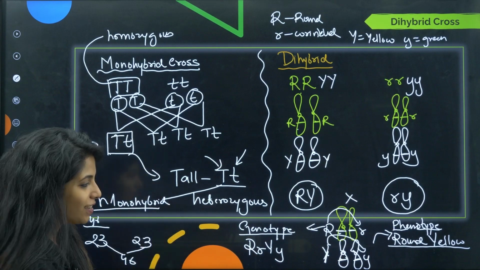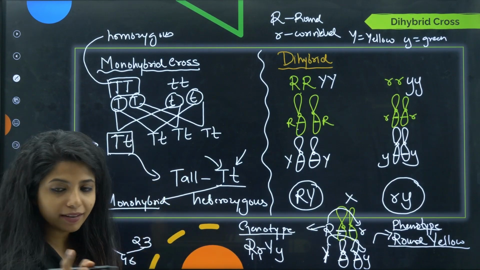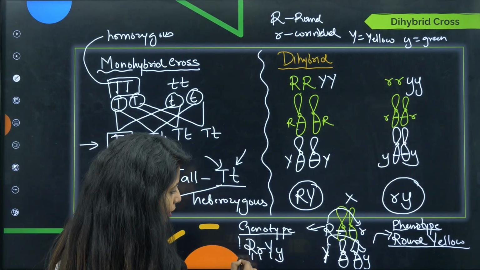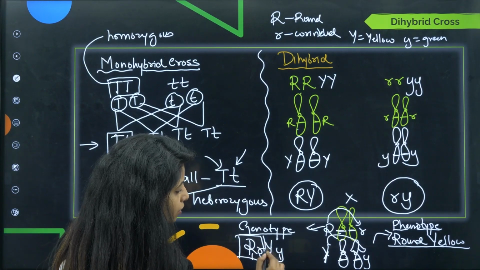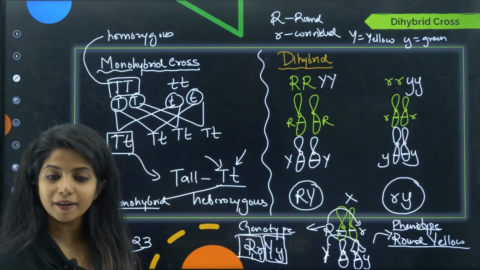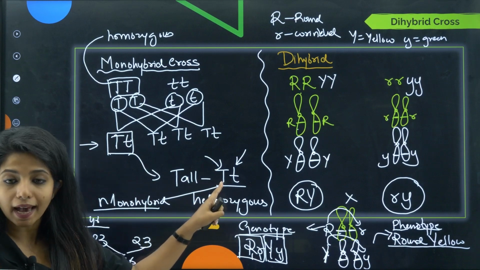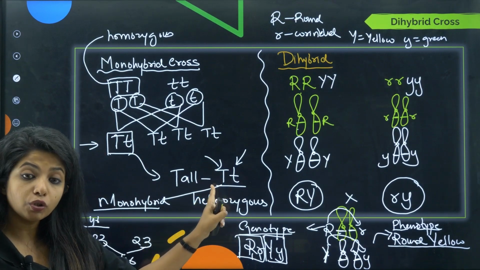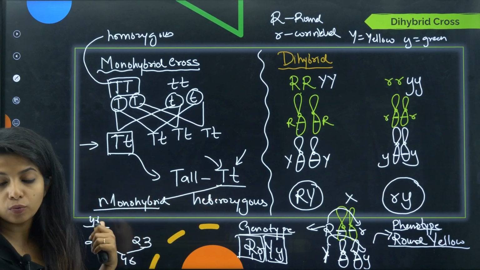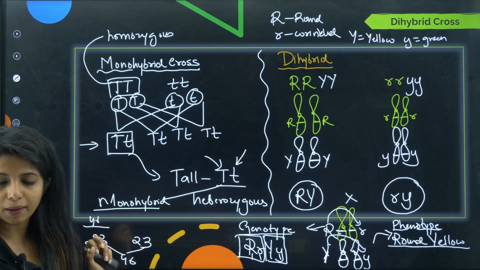Now over here, they have two dissimilar alleles, and they also have two dissimilar alleles for a different trait. This is for one character, and this is for another character. So can I call this a dihybrid? If this was monohybrid, it was because it was talking about just one character and the two alleles of that character.